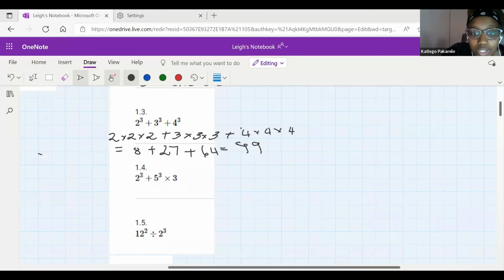Usually simplifying is for when you have fractions, like if there's a common factor. But here we are solving questions, which means we have to be left with one answer at the end. Do you understand? Yes, ma'am. So here we are solving and not simplifying. We have to solve the question up until we get to one answer.